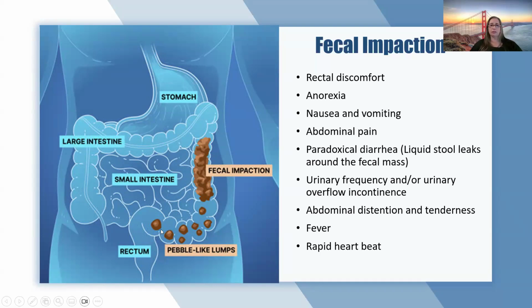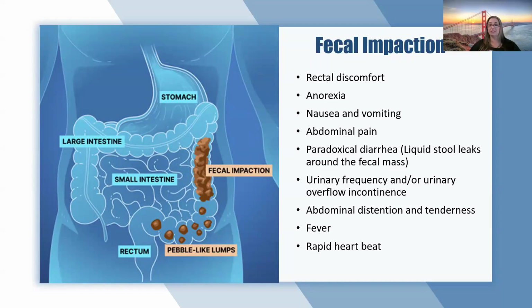Because if nothing is getting out of the exit and the body is still packing poop in every day, it's just going to get worse and worse and bigger until something moves. But it can be extremely difficult for that to get moving once it is in that state.